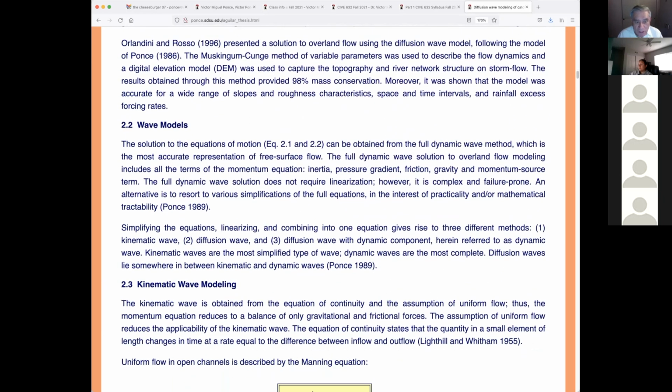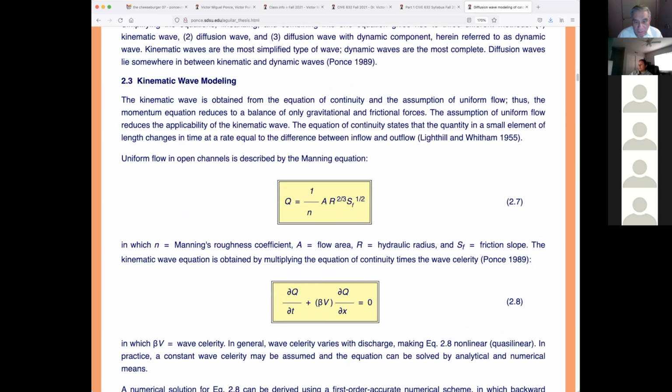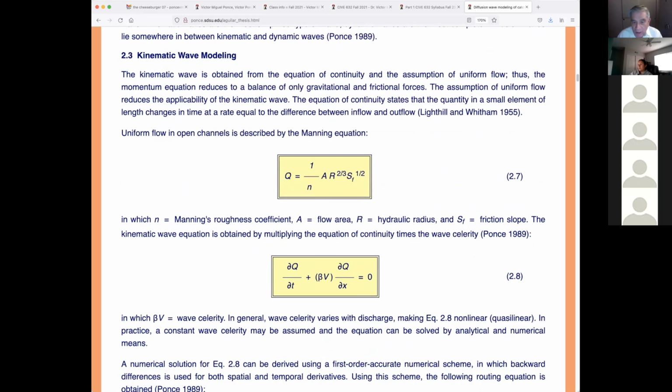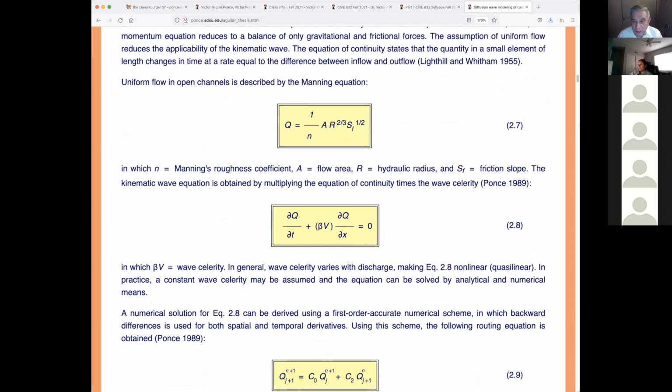The kinematic wave modeling is based on this equation 2.7, and then plugged into the continuity equation gives us equation 2.8. So that's the equation that McCarthy solved unsuspectingly. McCarthy went to the field and measured a whole bunch of things, storage.